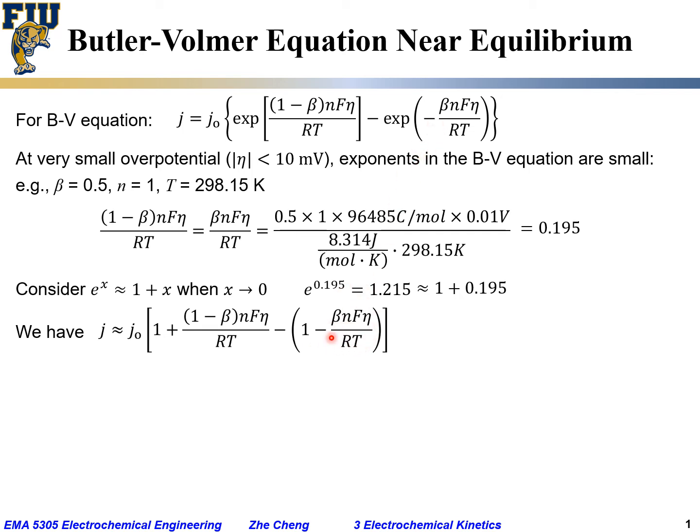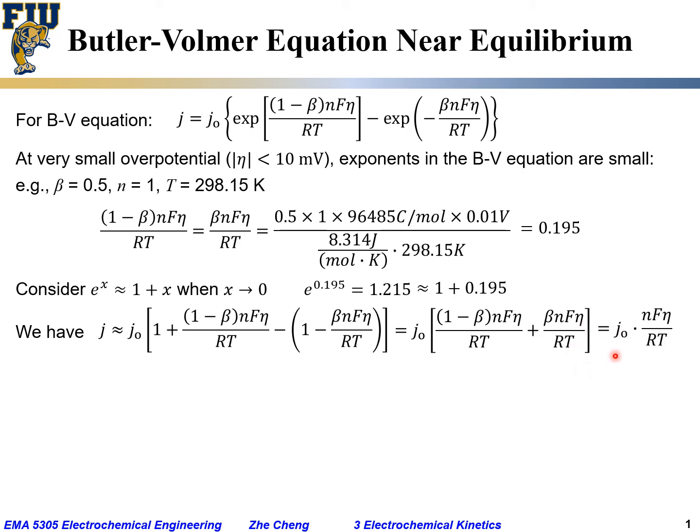Then this plus 1 and this minus 1 cancel out, minus minus becomes positive. Then within the square bracket, minus beta NF eta plus beta NF eta, this term and that term cancel out.